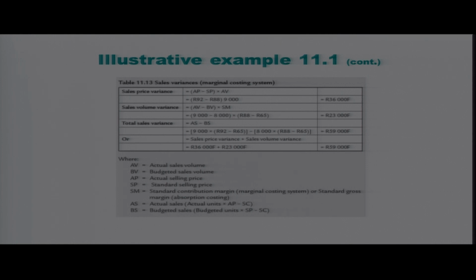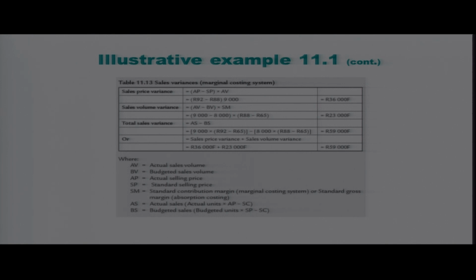So that is why we're now minusing the 65 Rand. Then you can say 88 Rand minus 65 to get your variable contribution and multiply by the difference in units, which is 1,000. That will then give you a variance of 23,000, which is favorable because we have sold more than what we had budgeted for.